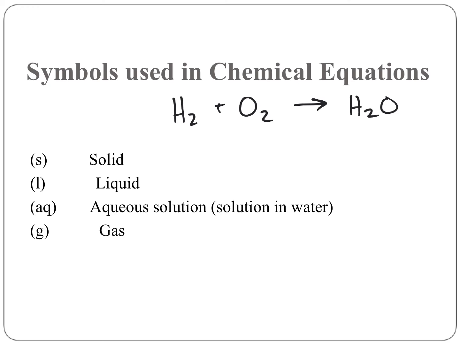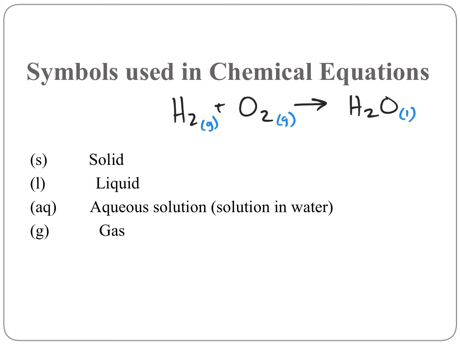So if I were to put these in for this equation, I would have this is a gas, this is a gas, and this is a liquid. Oh no, it's raining because hydrogen gas and oxygen gas mixed up in those clouds to make water. Alright, so these symbols are usually included in all chemical equations. Alright, and it's just so you know what to put in your recipe.